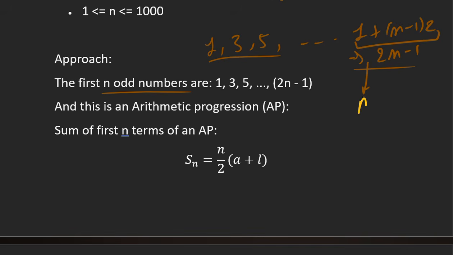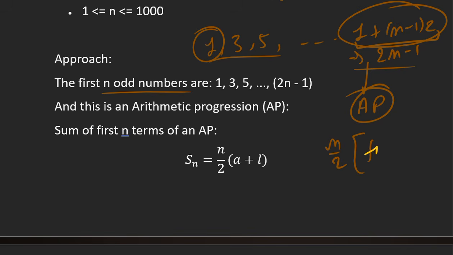Basically this is an arithmetic progression, AP, right? Here we have the first term and the last term. The sum of the first n terms of an AP is n by 2 times (first term plus last term), right? This is the formula.